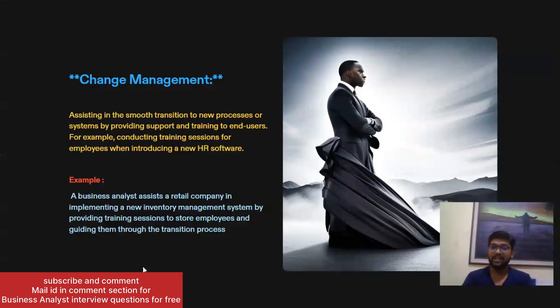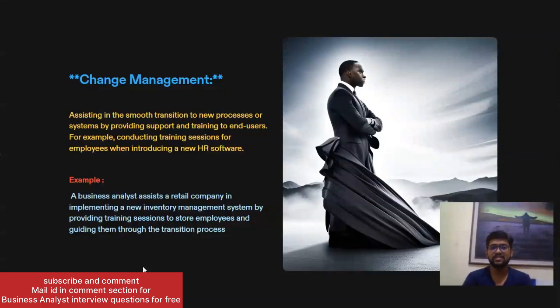At that time, the business analyst is the one who needs to convert their role from business analyst to product owner. In that transition also, the business analyst needs to help. So in change management, you need to help.